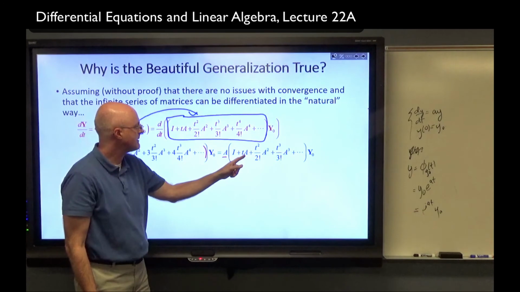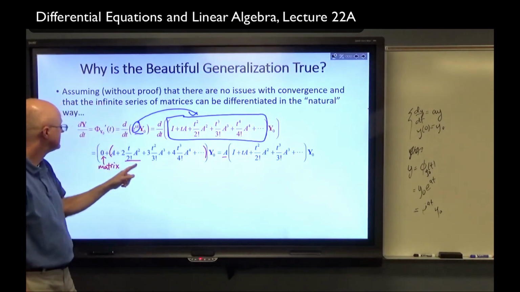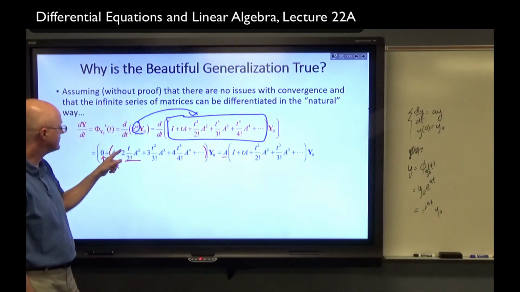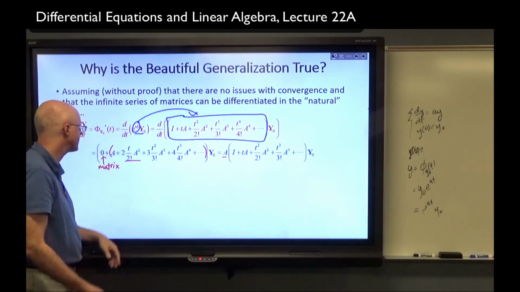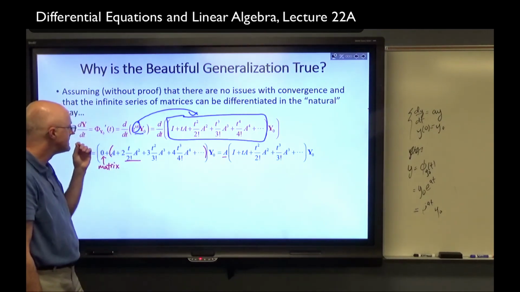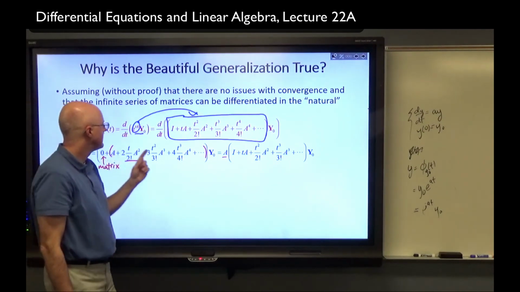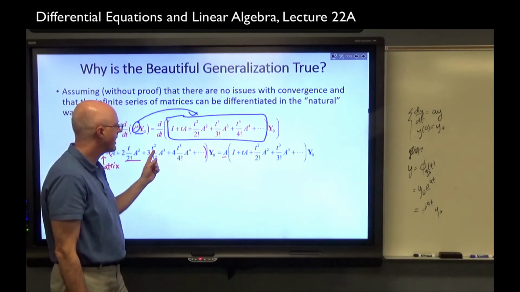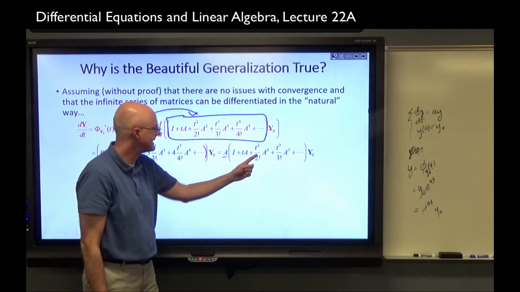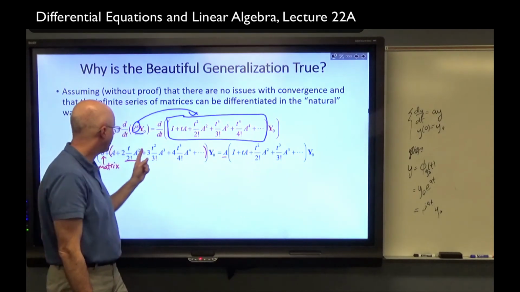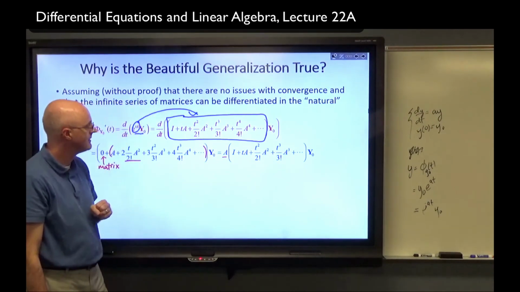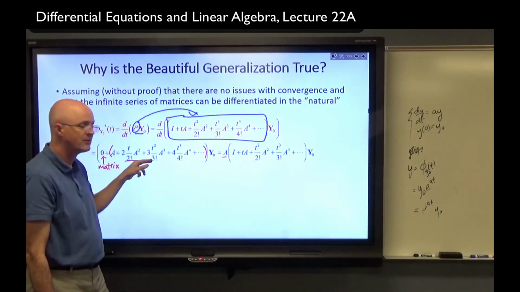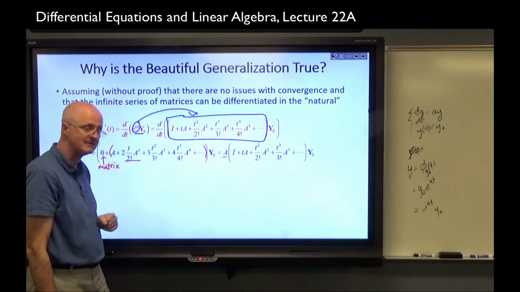A times t times A is t times A squared. The 2 and the 2 factorial partially cancel, in fact, fully cancel since 2 factorial is 2. A cubed times t squared, I can factor out one of those A's and get t squared times A squared. And 3 divided by 3 factorial is 1 over 2 factorial. 3 factorial is 3 times 2 times 1, so a 3 cancels.